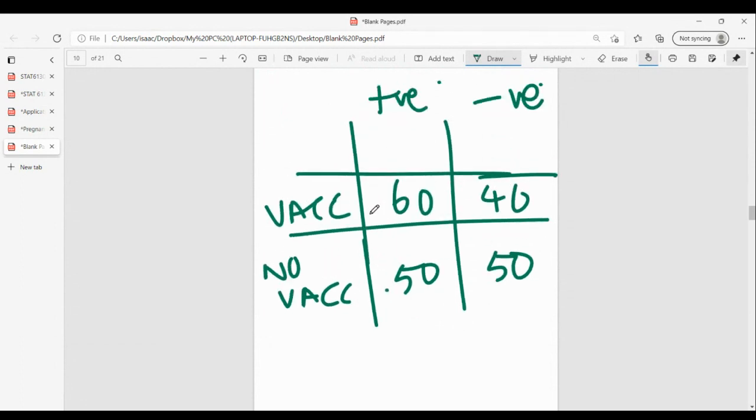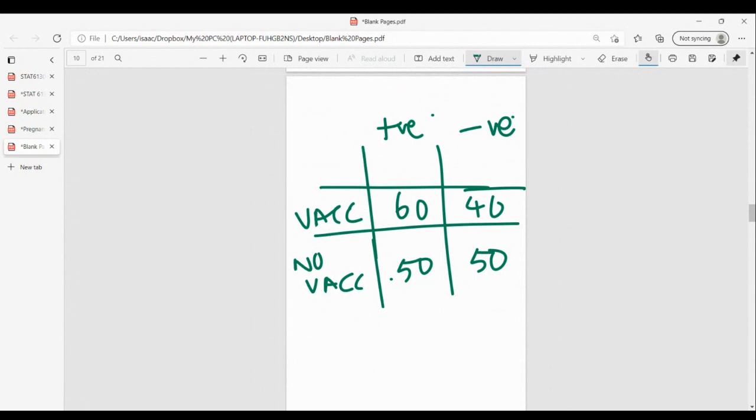Out of the positive, well now we know that even though you're vaccinated, you could be a carrier. So that's out of the 60 who are vaccinated and positive. You will look at their symptoms and have a doctor look at them, and the doctor will be able to decide if this person is just a carrier or if this person has all the other symptoms attached with COVID-19.